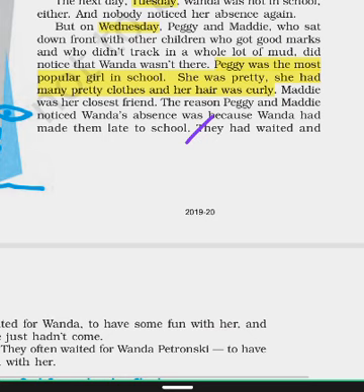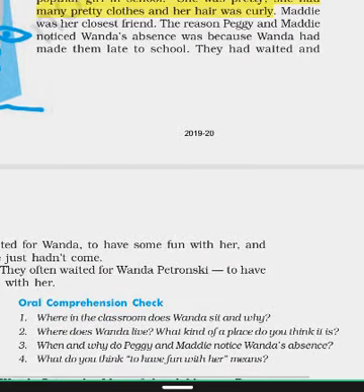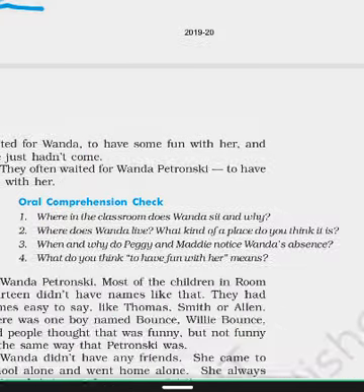That is why on Wednesday they were also waiting for Wanda Petronsky, but Wanda Petronsky did not come that day also, and they became late because of Wanda. Okay, that was the first part of the story, and there are some comprehension questions. You will do that. Okay, now next one.